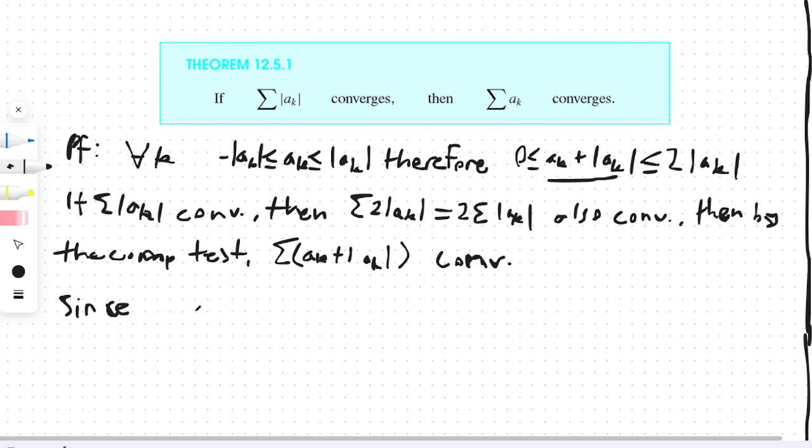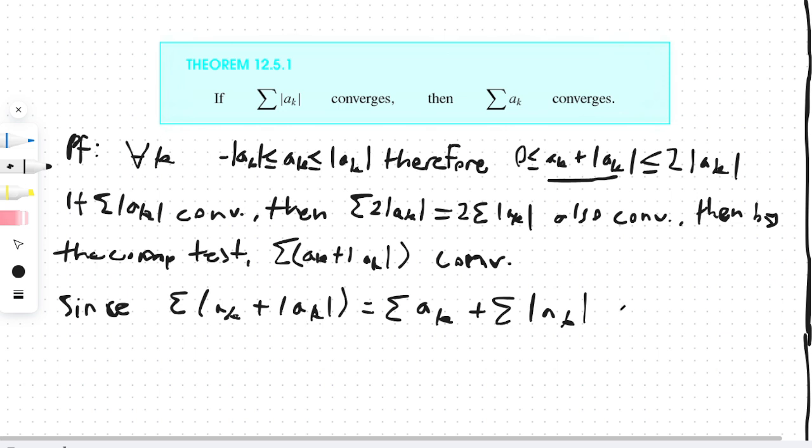The series of a_k plus absolute value of a_k is equal to the series of a_k plus the series of absolute value of a_k.